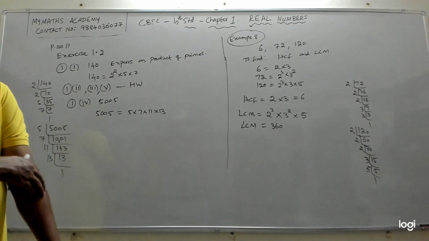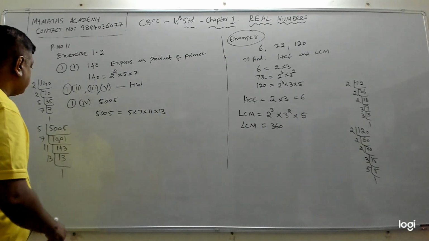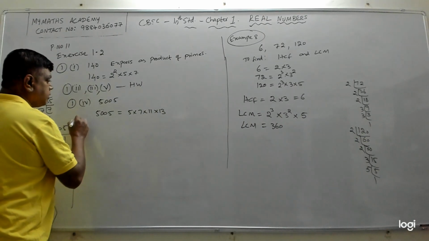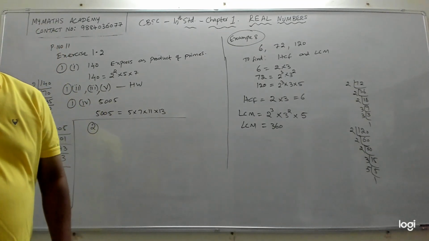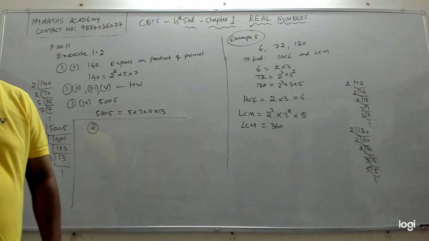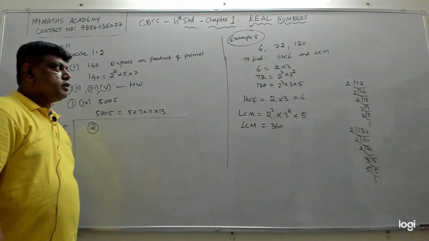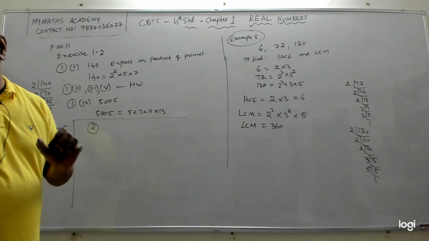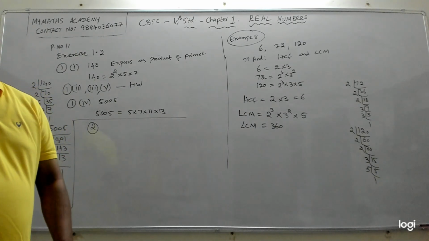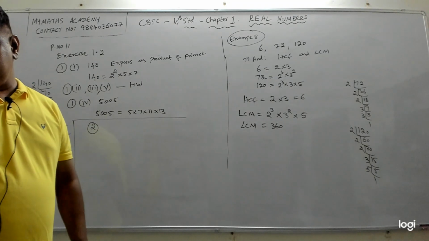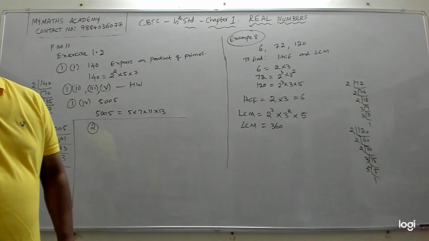Fine. So next one is the second problem in exercise 1.2. It says find the LCM and HCF of the following pairs of integers and verify that LCM into HCF is equal to the product of the two numbers. First we should find HCF and LCM, then we have to verify that LCM into HCF is equal to the product of the two numbers.